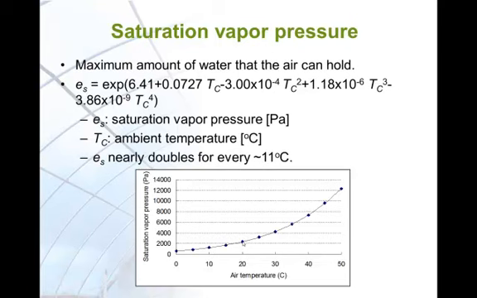So it's about every 10 to 11 degrees C, the maximum amount of water vapor that air can hold doubles, as you see in this diagram. So it is basically telling that the capacity for the air to hold water vapor increases rapidly with increasing temperature.